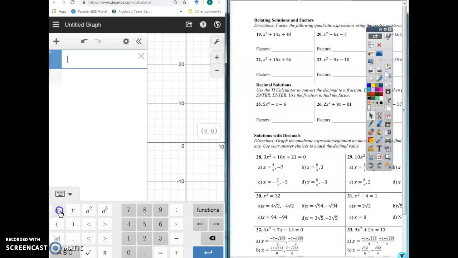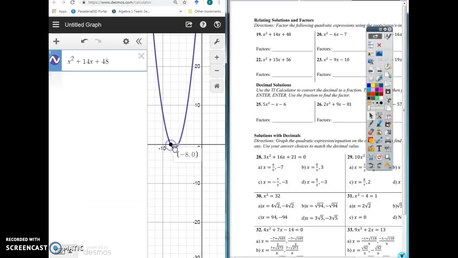So x squared plus 14x plus 48. My solutions are negative 8 and negative 6. So for my factors, you're going to change the signs. It's x plus 8 and x plus 6. Remember, factors and solutions have opposite signs.